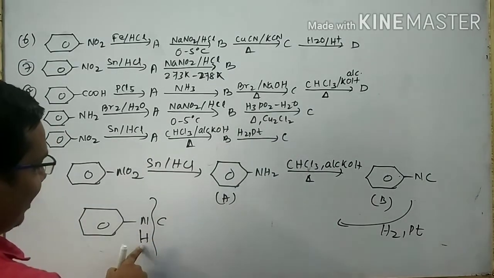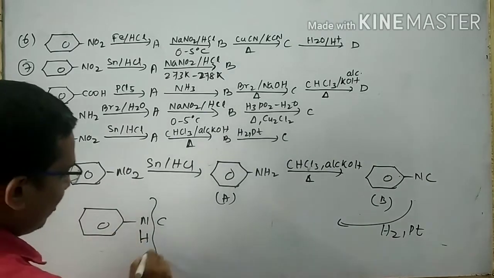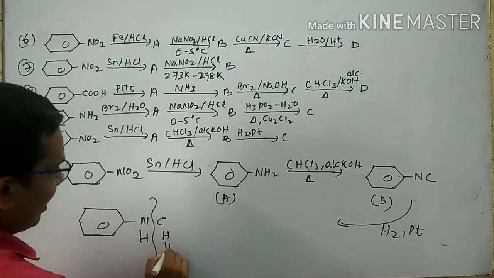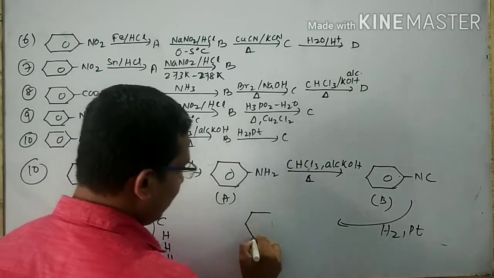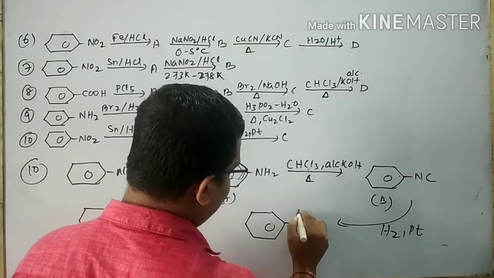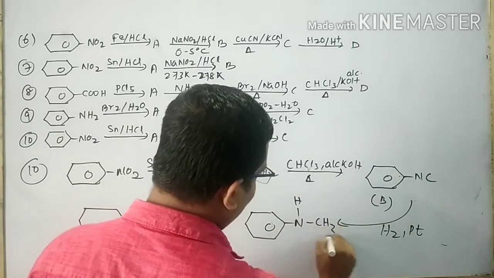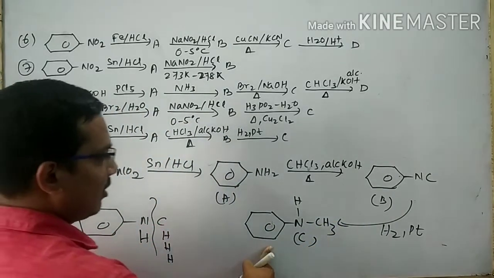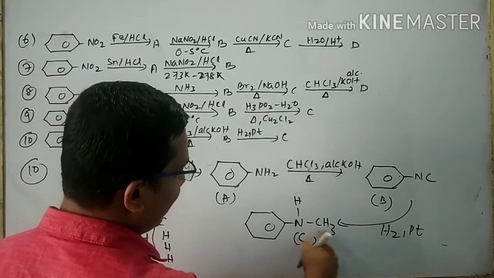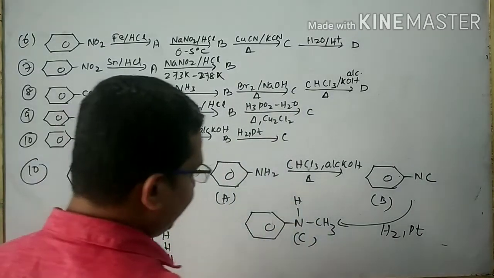Here one hydrogen atom given to the nitrogen atom and 3 hydrogen atoms will be given to the carbon atom. As a result, this product will be formed. This is said to be C, and the name of this compound C is your N-methyl aniline.